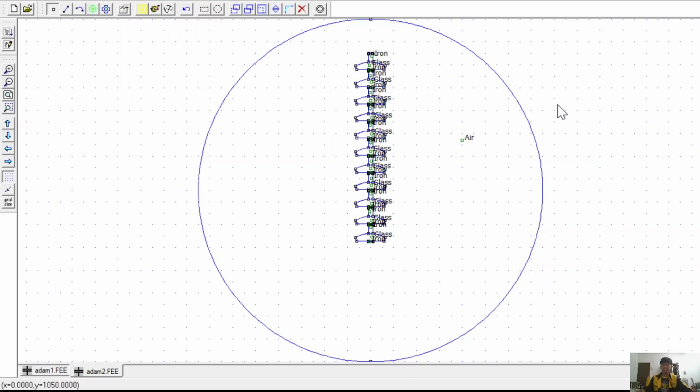insulators, which means it can hold the 175 kilovolt from the AC voltage to the top. So let's simulate.